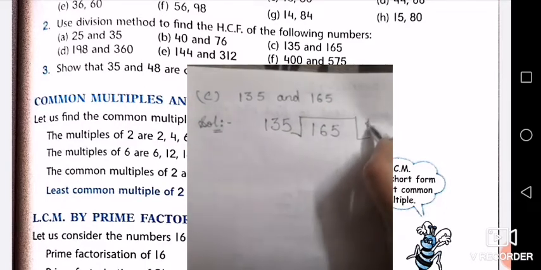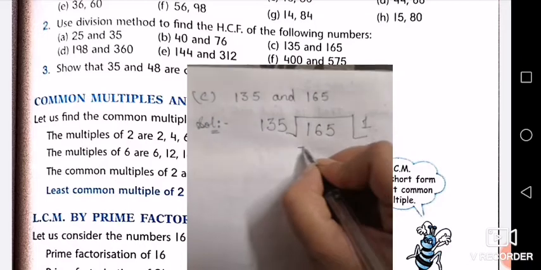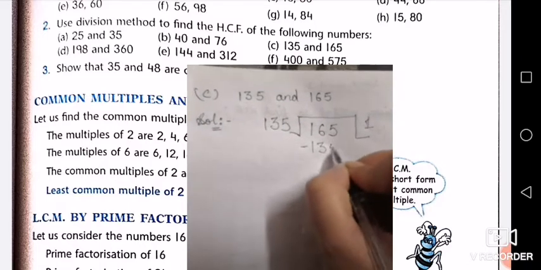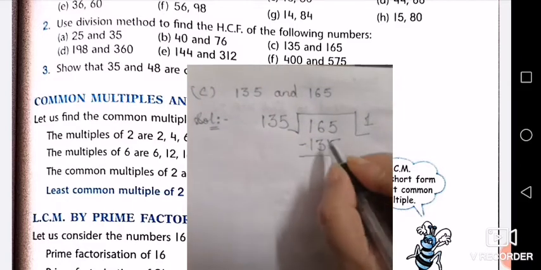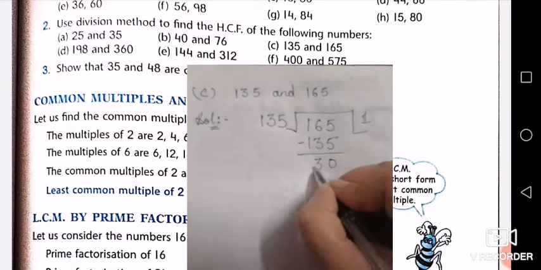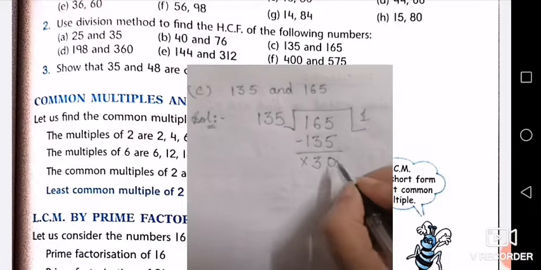So in the first step it will go 1 times, 135. Now do the subtraction here. 5 minus 5, 0, 6 minus 3, 3 you will get, and here nothing will be left.